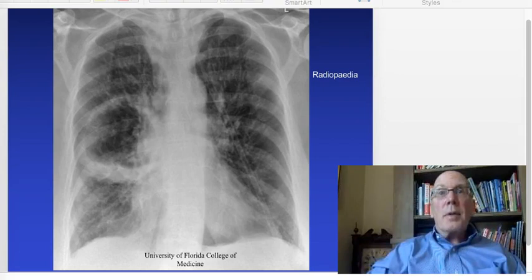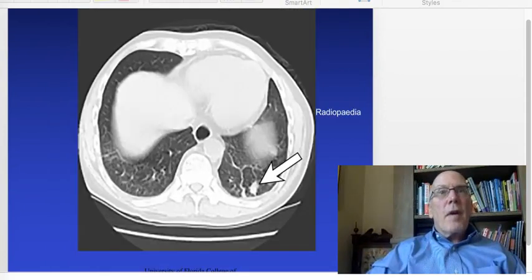Lung abscesses are most commonly seen in aspiration pneumonia, but also can be seen in Staph aureus pneumonia. And finally, a chest CT showing a lung nodule. These are most commonly associated with the fungal infections like Cryptococcus, histoplasmosis, and coccidioidomycosis, or mycobacteria. They also are caused by lung adenocarcinoma.